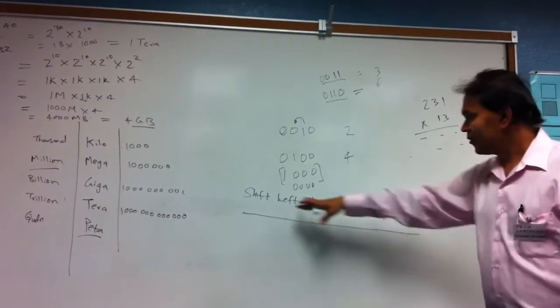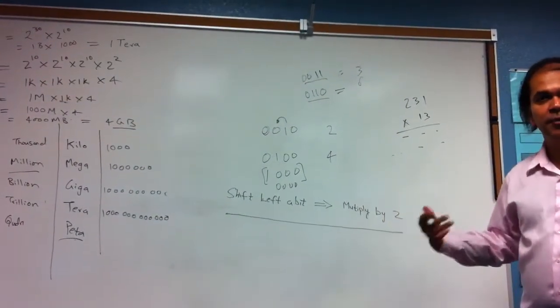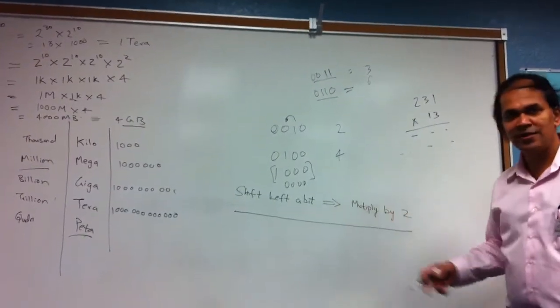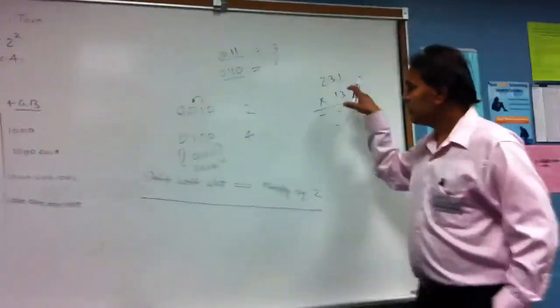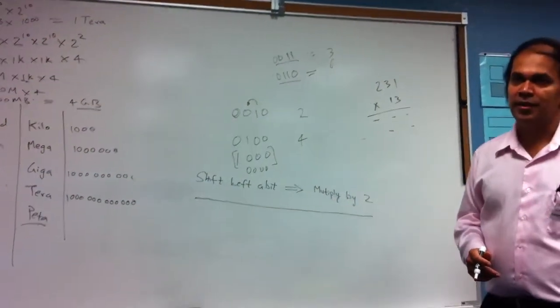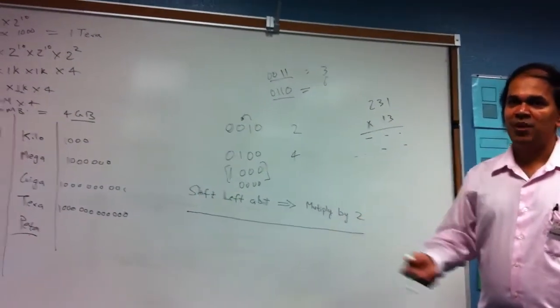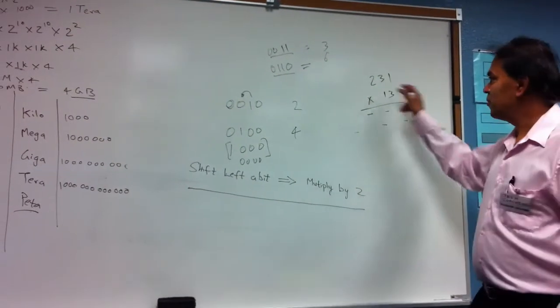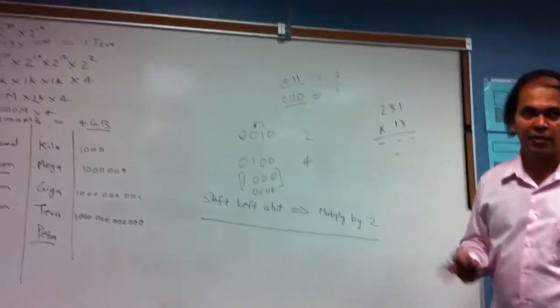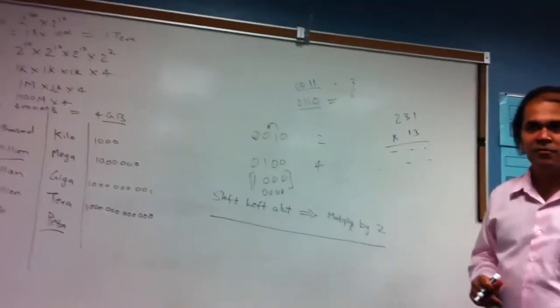But sometimes you find that using techniques like that increases the speed of your computation, because this requires fewer operations. You don't go through all this. You can just shift a bit to the left and then double a number very quickly. So if you want to just multiply by 2, then you don't have to do the traditional arithmetic. You can use other techniques. So there are some concepts like that.